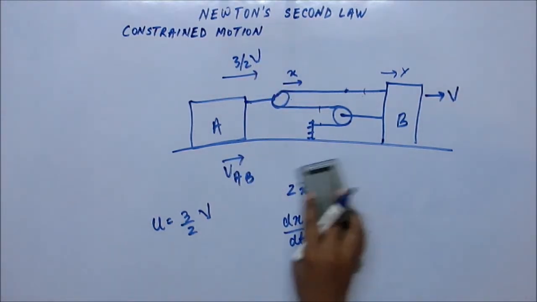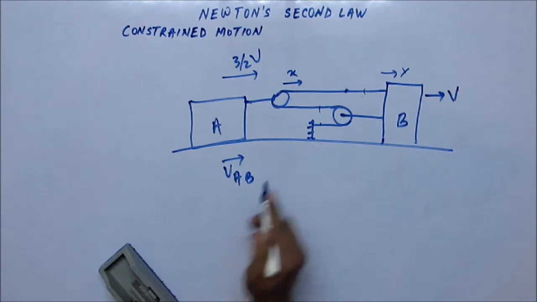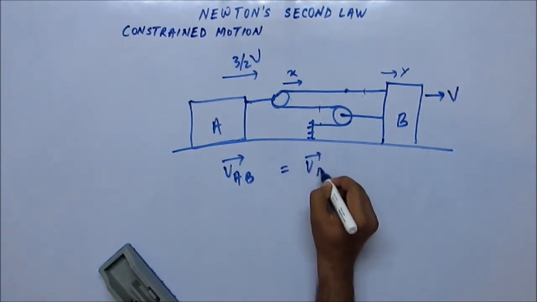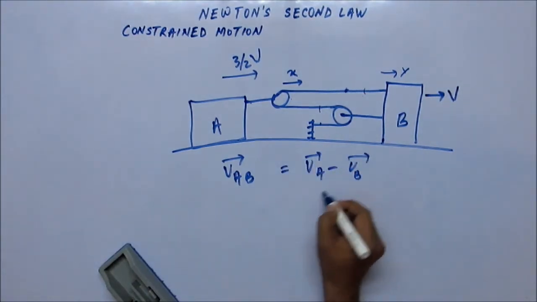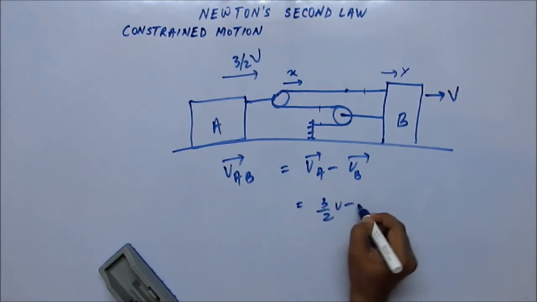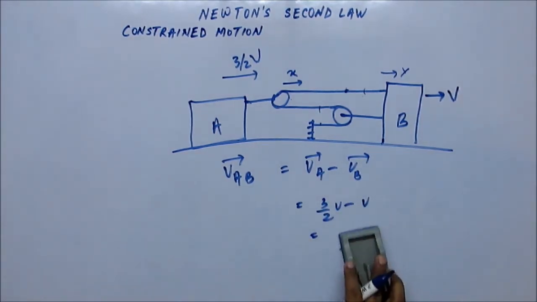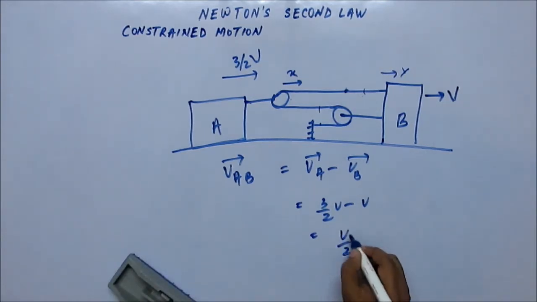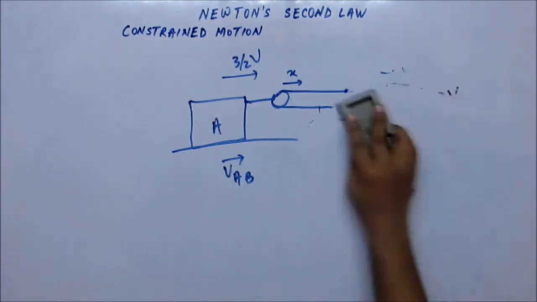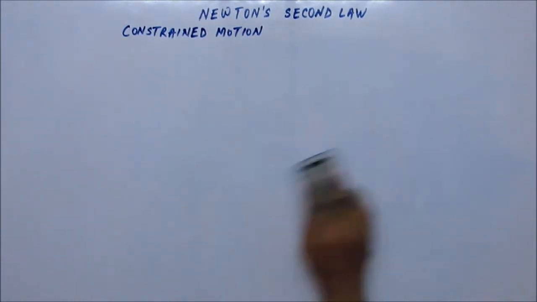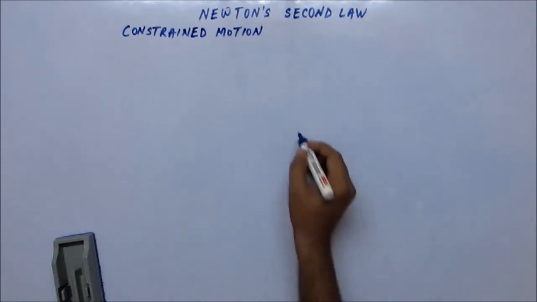So the velocity of A with respect to B, we know, is velocity of A minus velocity of B. That is 3 by 2 v minus v. So the velocity is v by 2. Okay? You got v by 2? Very good. If you got this correct, then you should also get the next one correct.